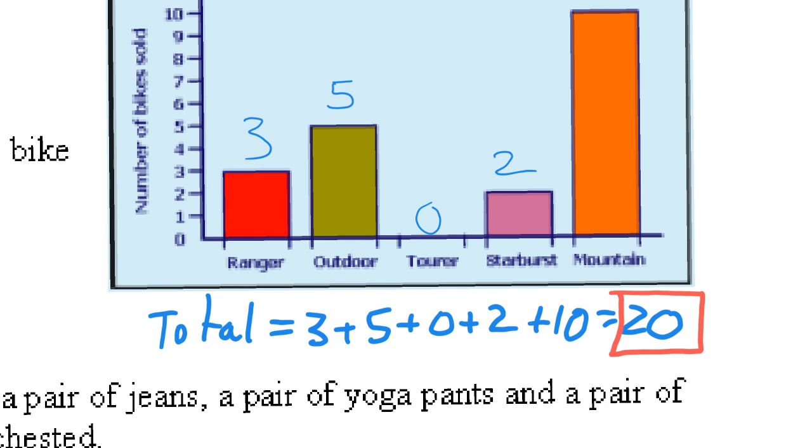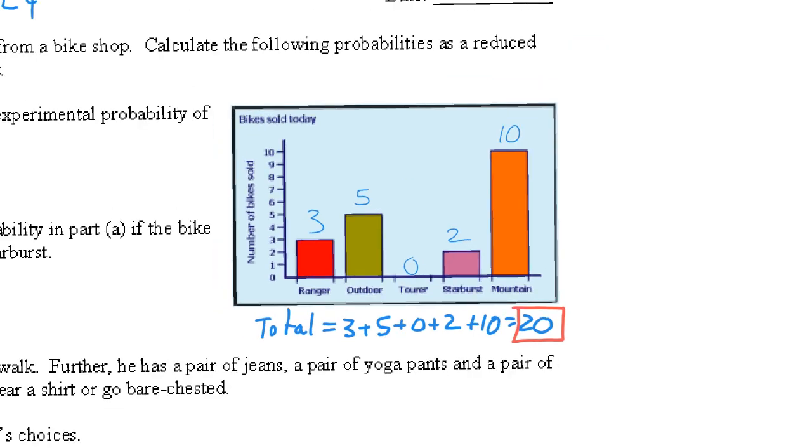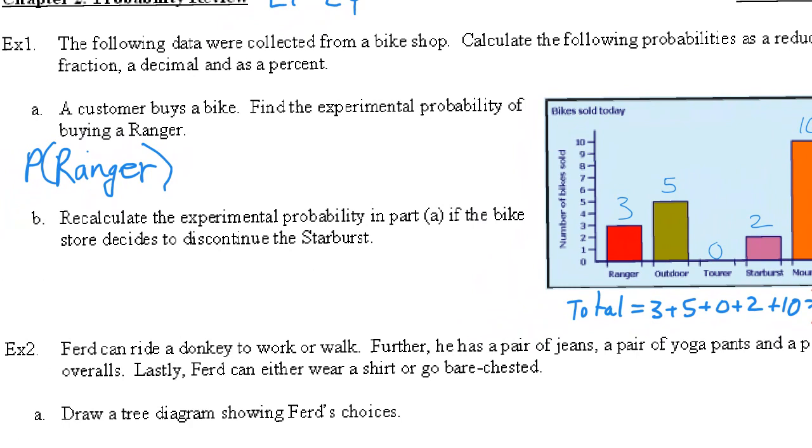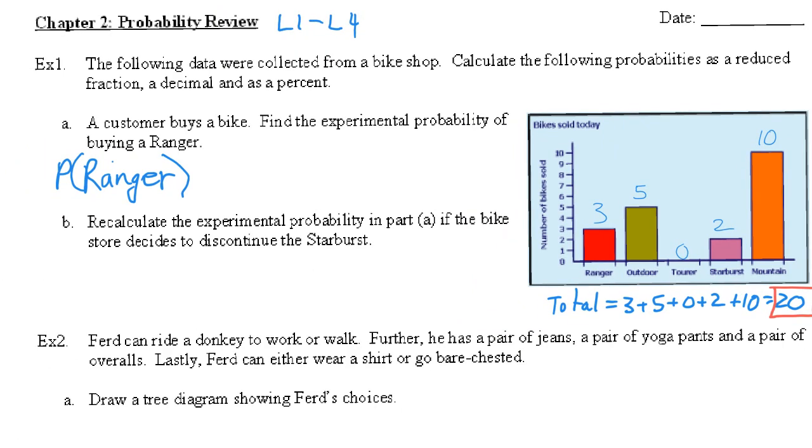So now if I want to go back to what we were looking at before, all that stuff about the Rangers, we'll have the probability of the Ranger equaling a fraction, right? And in order to do that, we have to know the number of Rangers that we have, which in this case is equal to 3.